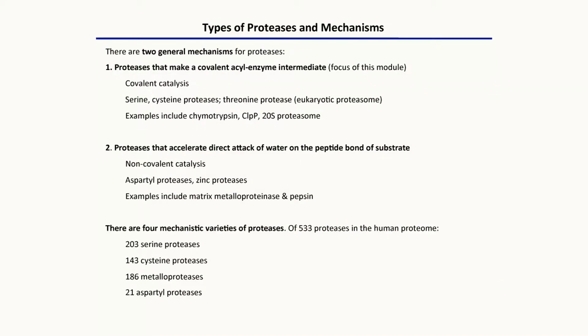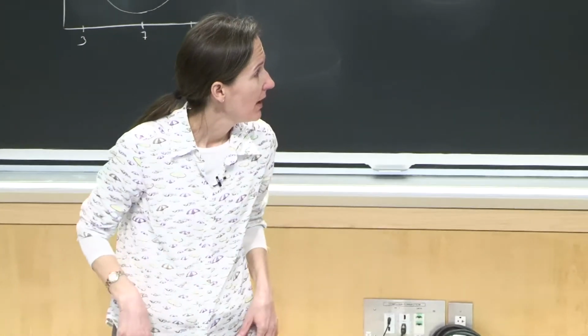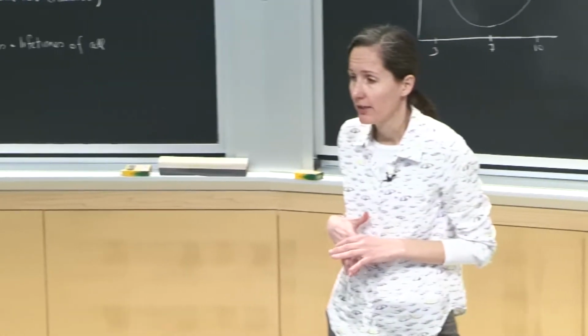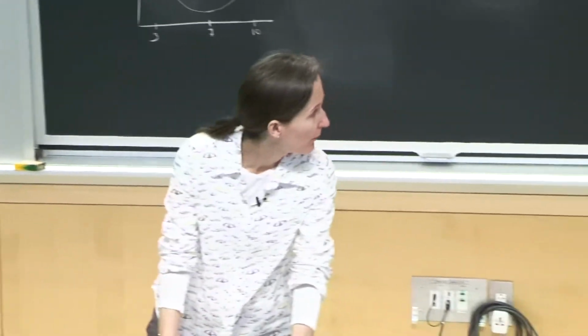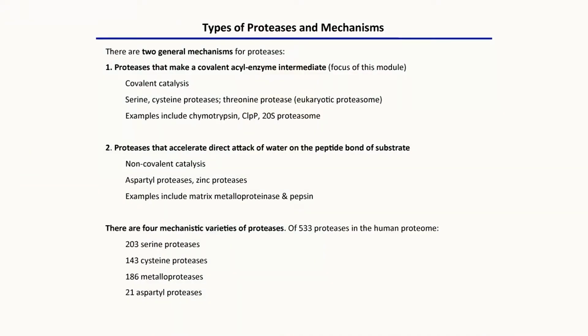So if we think about types of proteases and mechanisms of catalysis, what I would like you all to be aware of is that there are two general mechanisms, and we can think about four different mechanistic varieties within that. We can divide these up by proteases that are involved in covalent catalysis.